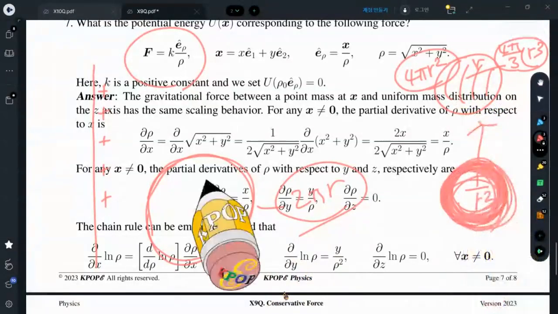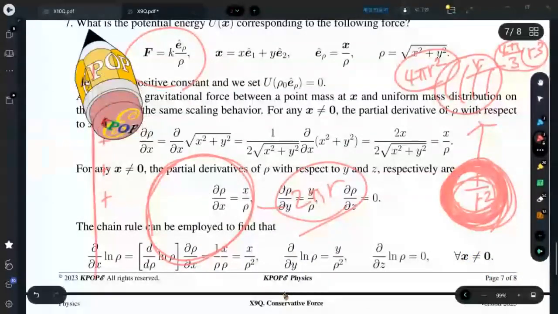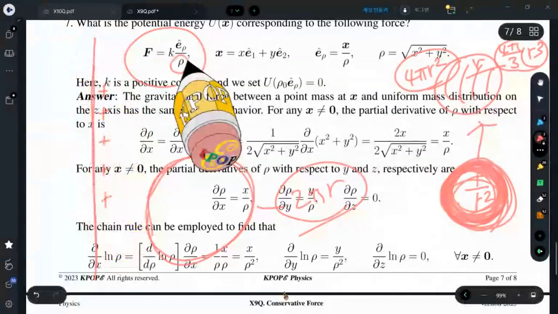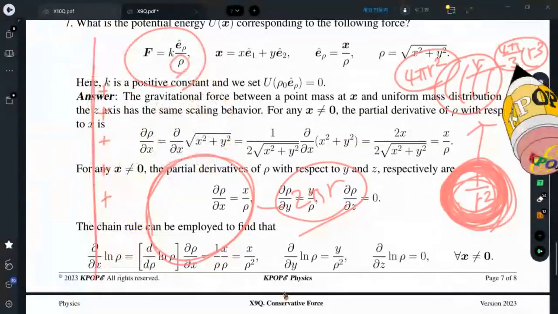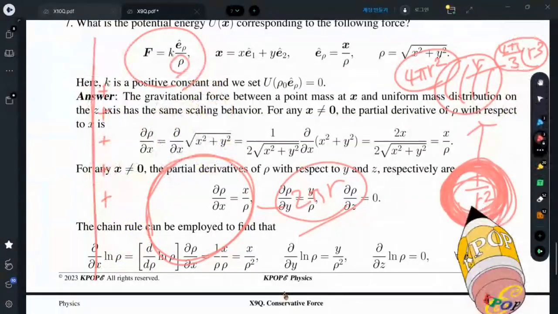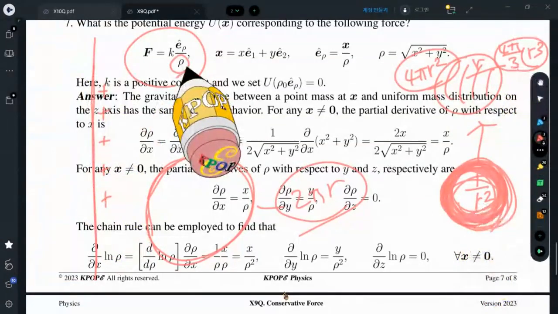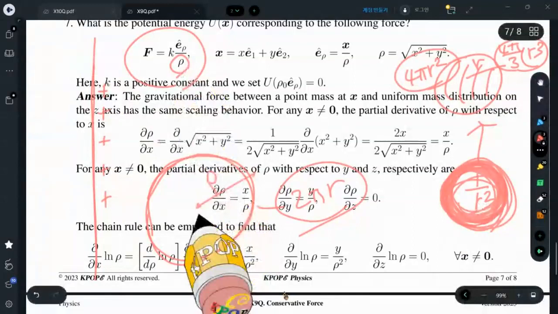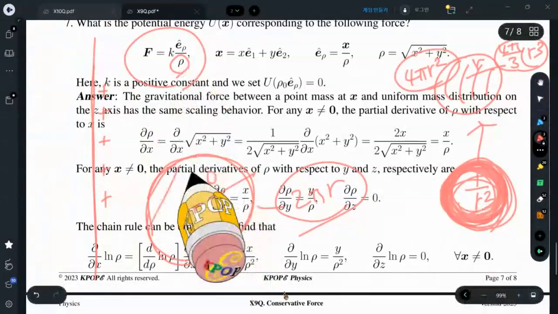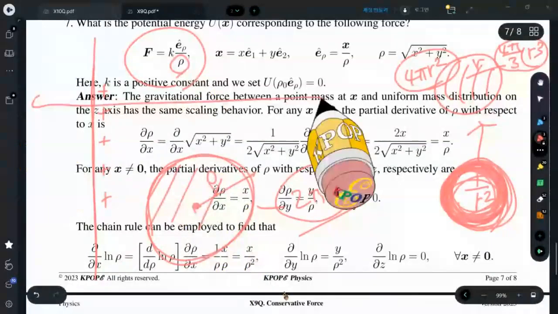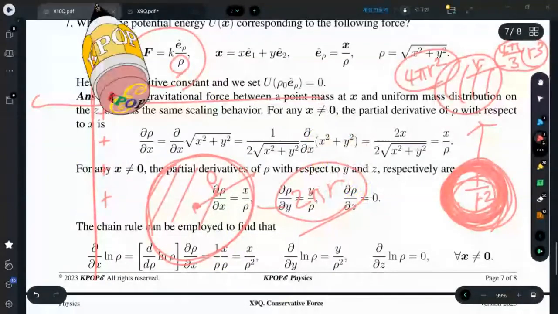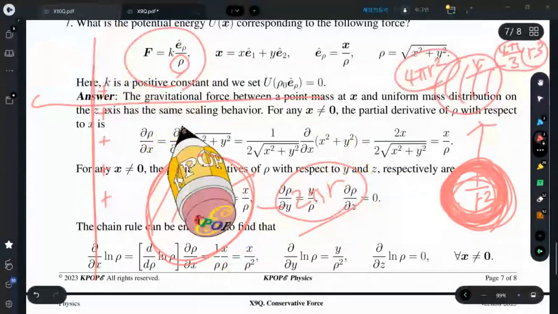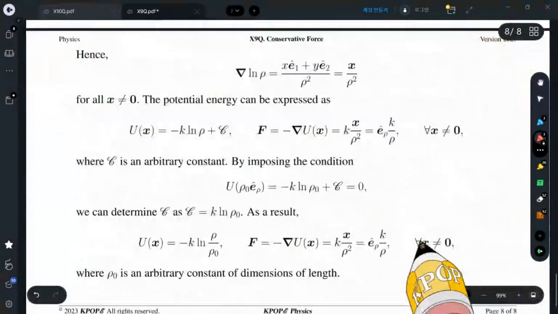But in case it is an infinite straight wire, then the strength is weakened not proportionally to 1 over r squared, but proportionally to 1 over rho. This rho is the planar, perpendicular distance from the center. This is a cross-sectional view of this three-dimensional space. And this is a detailed calculation, so you can follow that.